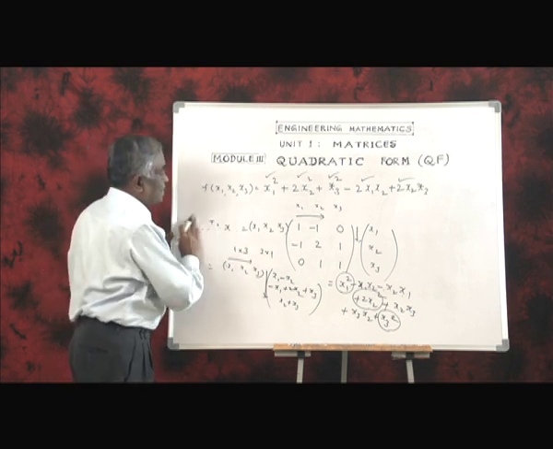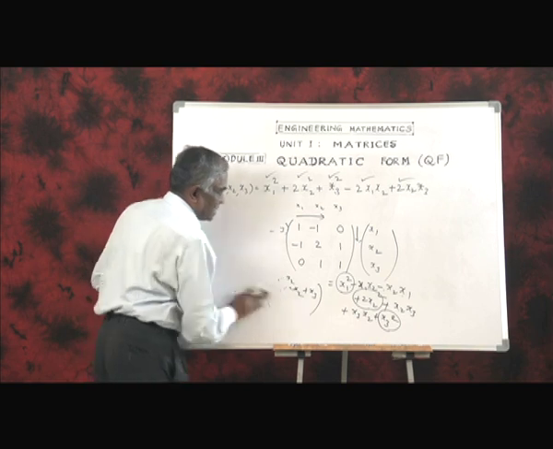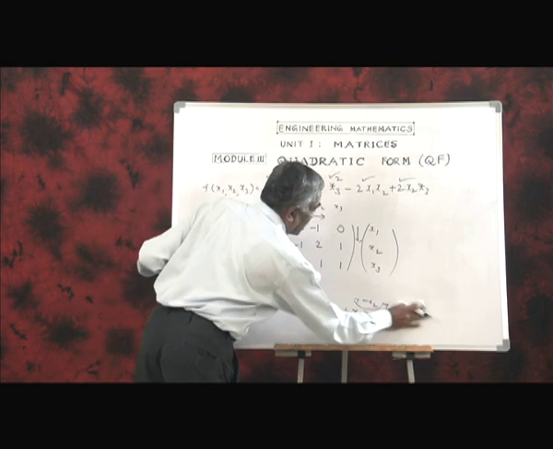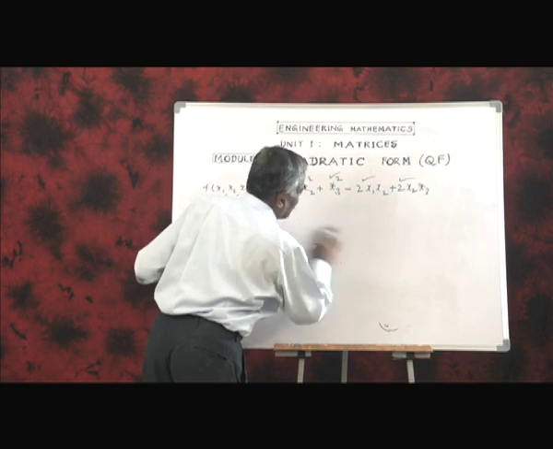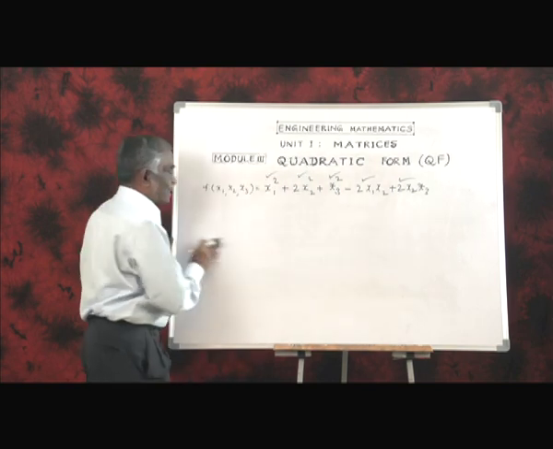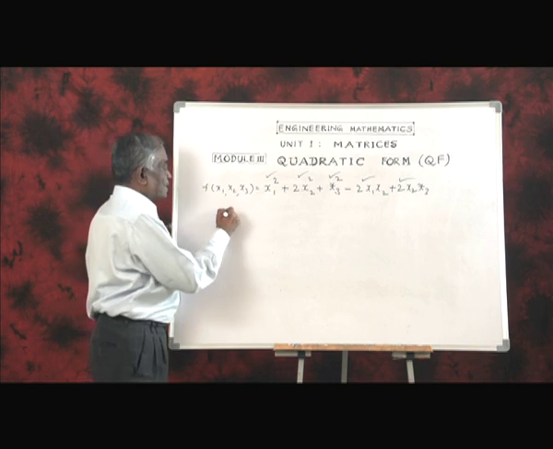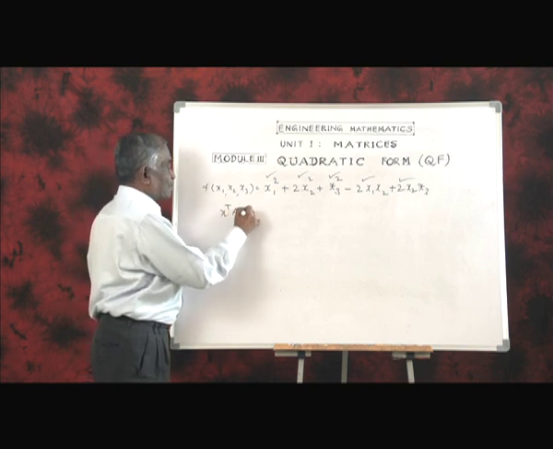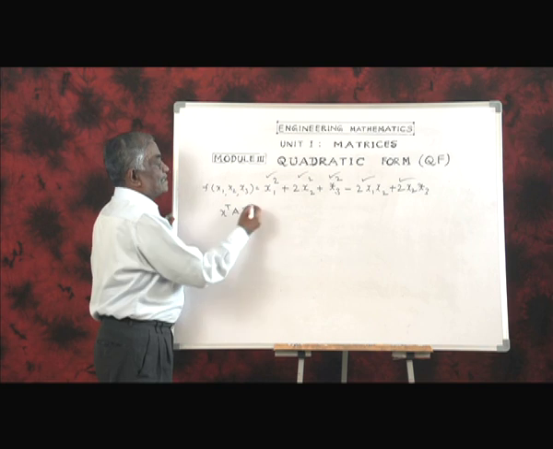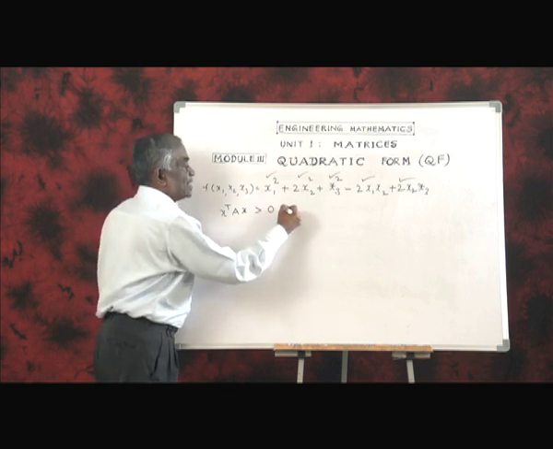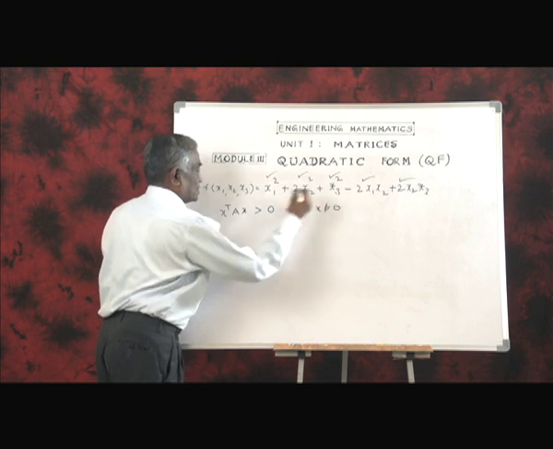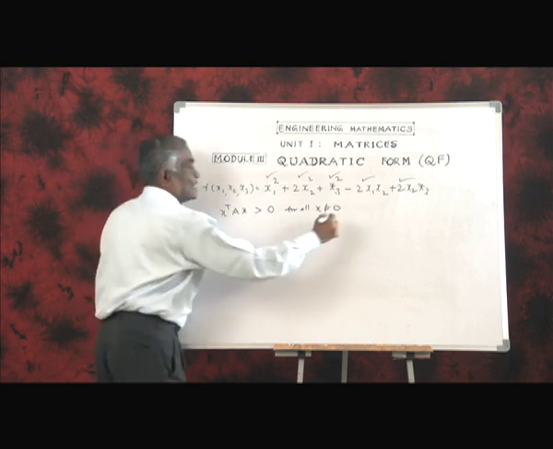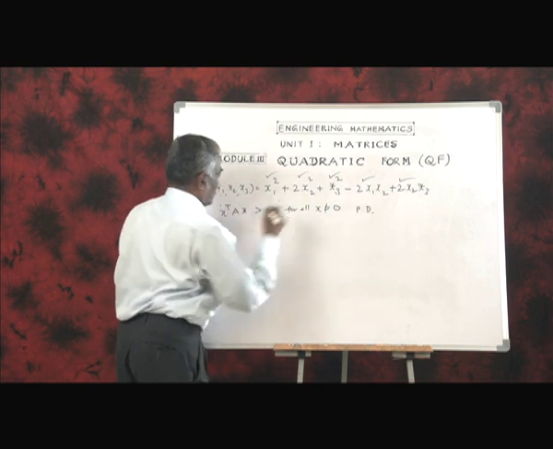Now I am going to tell one important result regarding the nature of the quadratic form. So, first I will explain the definition. x transpose Ax is called the quadratic form. If it is always positive for all x not equal to 0, we say it is positive definite.